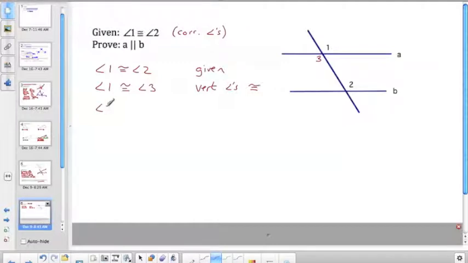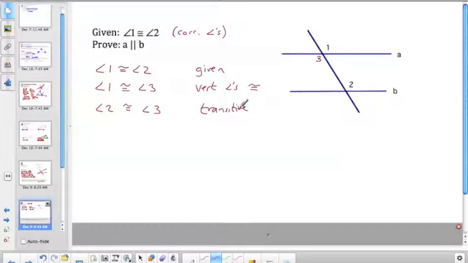Therefore, angle 2 is congruent to angle 3. And that's by transitive. And what we're saying here is that if both angle 2 and angle 3 are congruent to angle 1, then angle 2 and angle 3 must be the same.